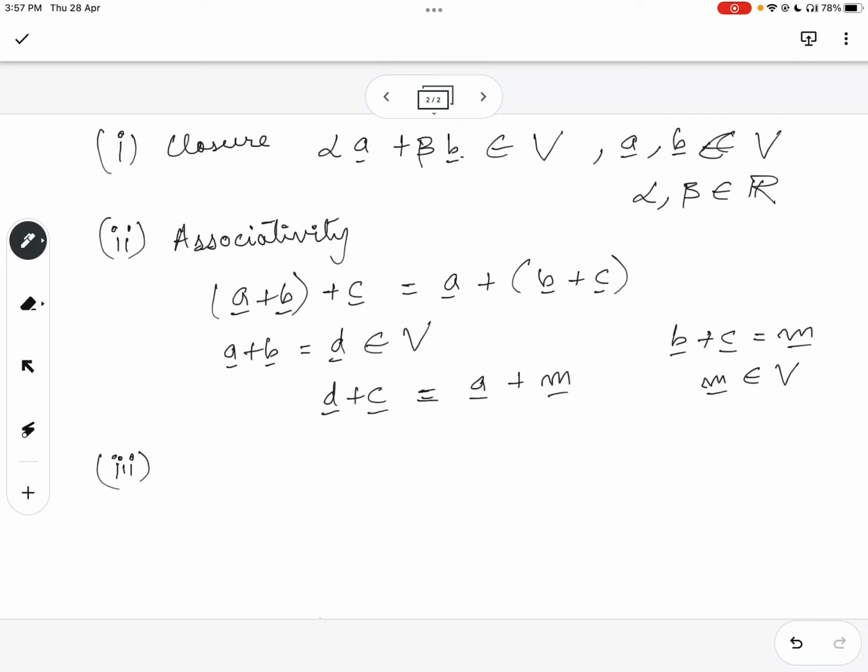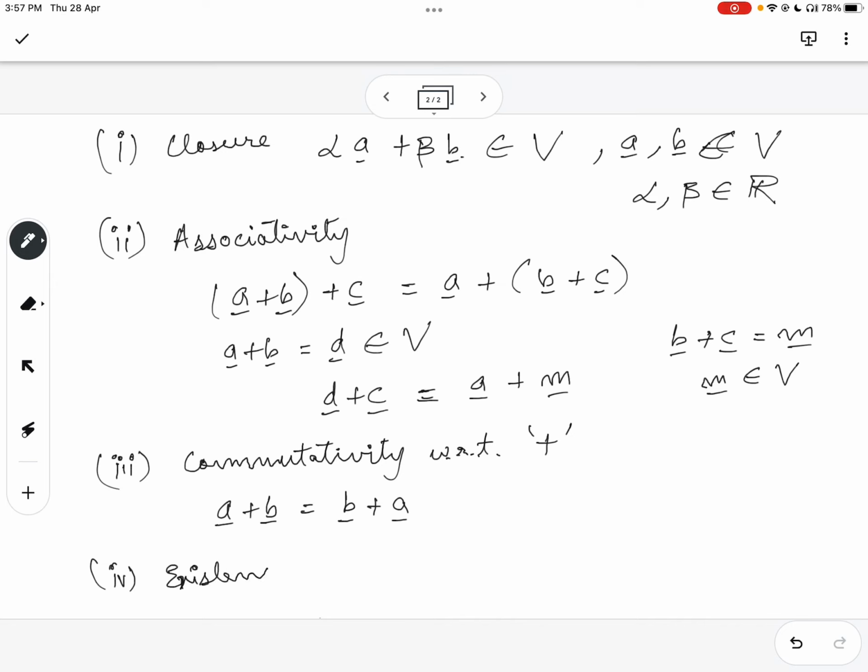The third property is commutativity with respect to the vector addition. That is, A plus B should be equal to B plus A. The fourth property is that of an existence of a null element.